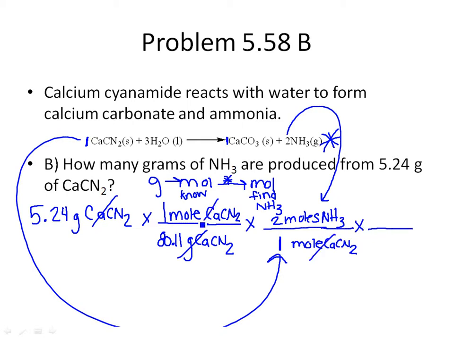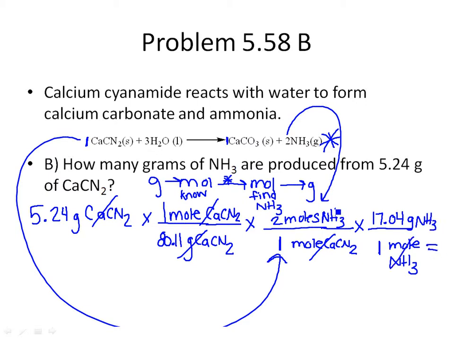Now our moles can cancel, and we're asked for grams. If you were just asked for moles, you could stop here. But we're asked for grams, so we know that moles have to be on the bottom so that we can cancel. This last step is just converting from moles to grams, like you did previously in the chapter. We add up the molar mass, which gives us about 17.04 grams.